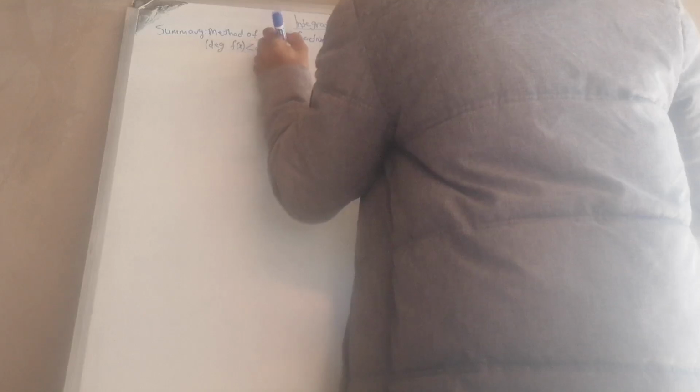That simply means that the degree of the numerator function is less than the degree of the denominator function. So this is exactly what we will be looking at, and remember that we are trying to integrate in all this.